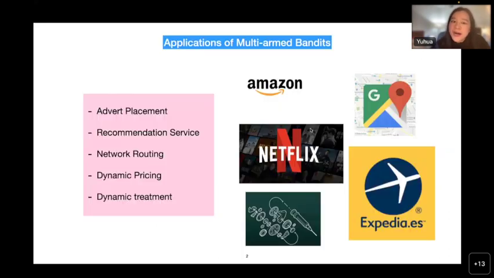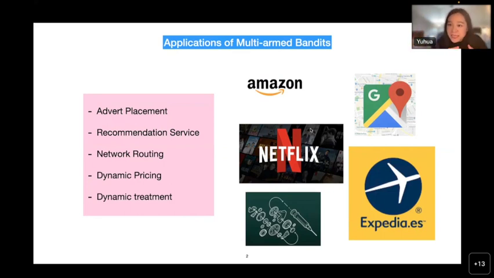So first, I'm going to talk about multi-armed bandits, which are one kind of sequential decision making. They have a lot of applications in real life, such as recommending advertisements, products, and movies on Amazon and Netflix.